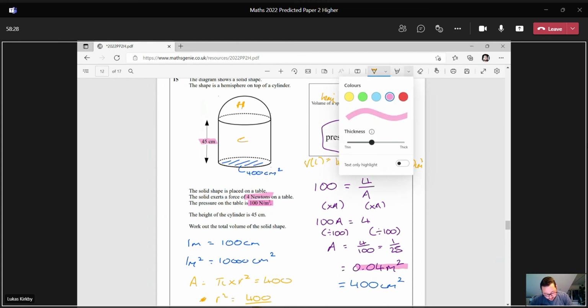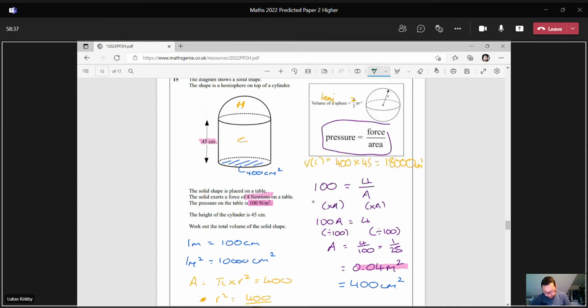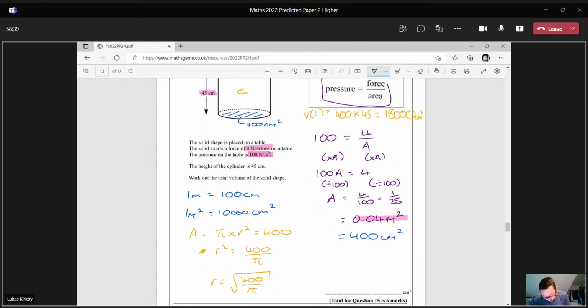So let me grab a different colour again. What have I not used? Let's go for green. So the volume of the hemisphere is going to be 2 over 3 pi times r cubed, but r is just the square root of 400 over pi, cubed.